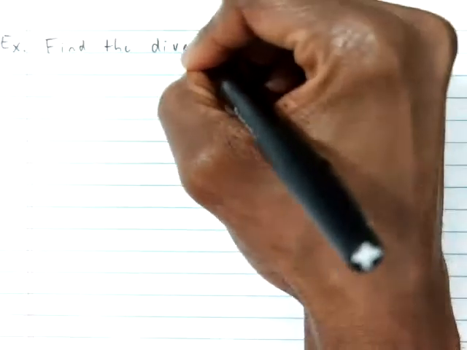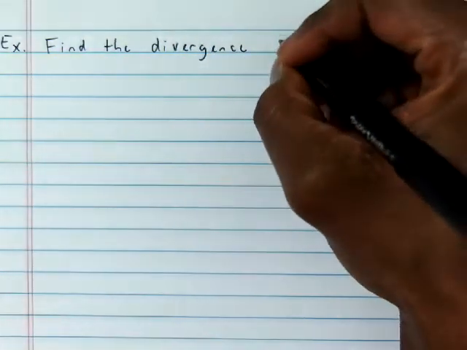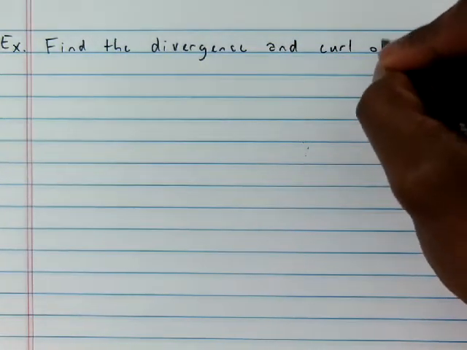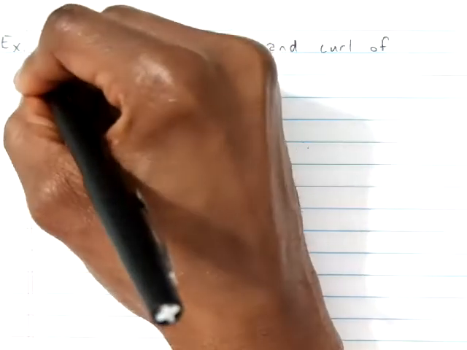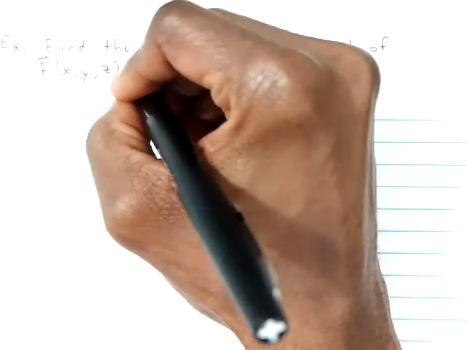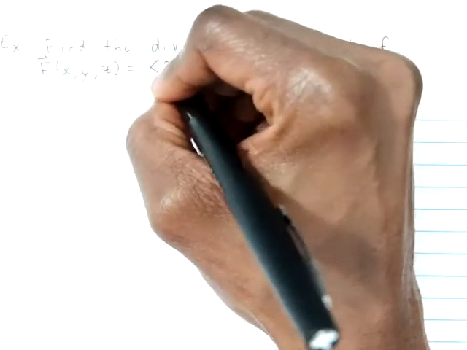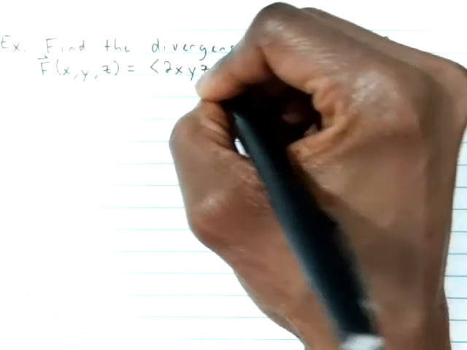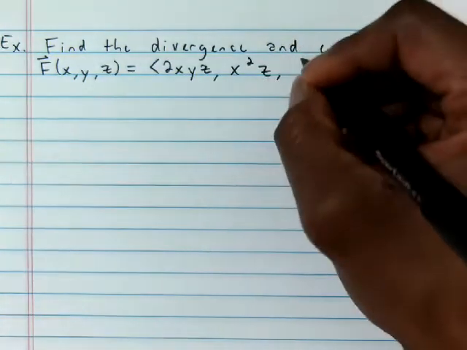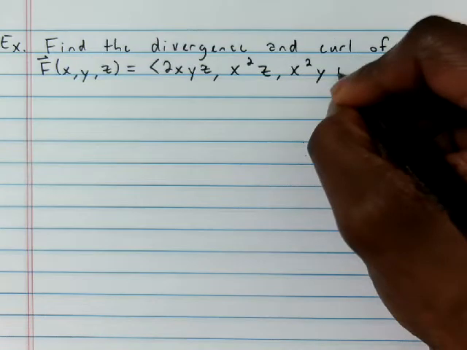I'm going to start with an example, which is: find the divergence and curl of the vector field F of x, y, z equals the vector whose i component is 2xyz, j component is x squared z, and k component is x squared y plus 1.